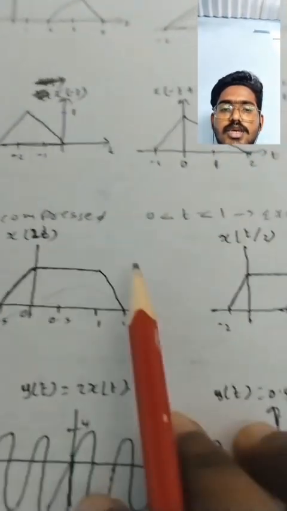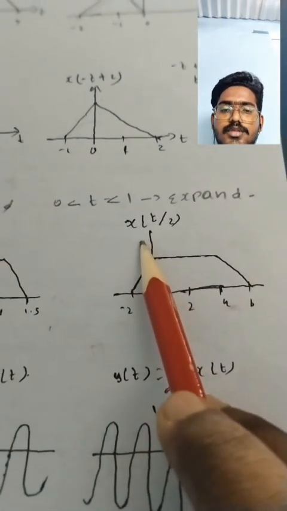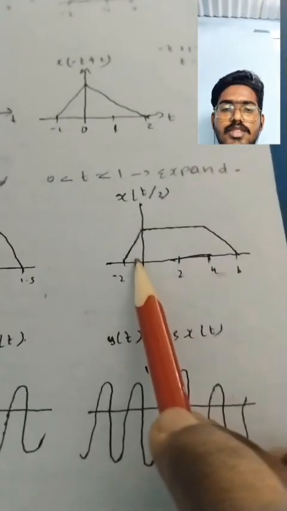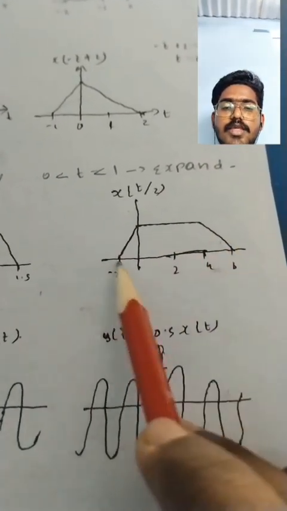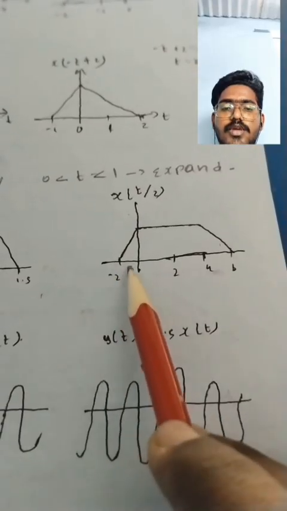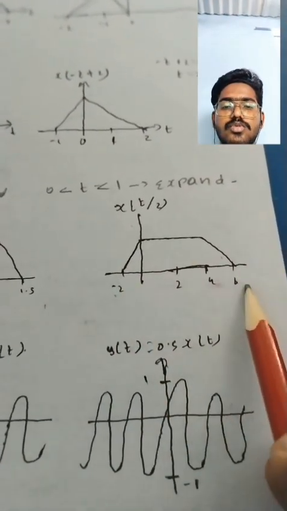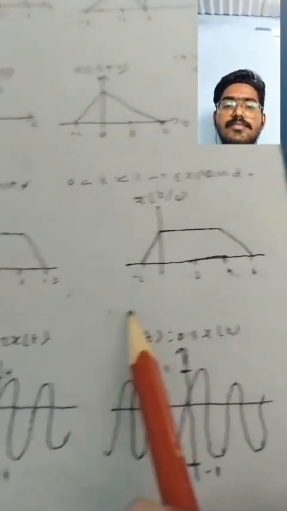The signal gets compressed. Then if we take x of t by 2, then the signal gets expanded. We get the signal as minus 2 to 6. Then the time gets expanded.